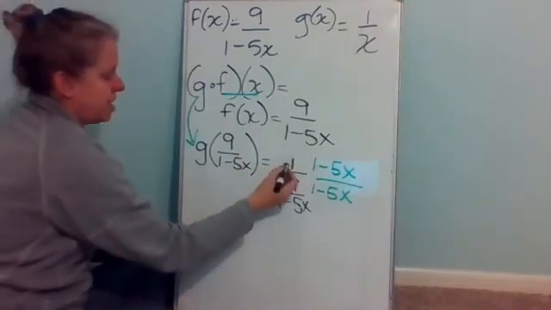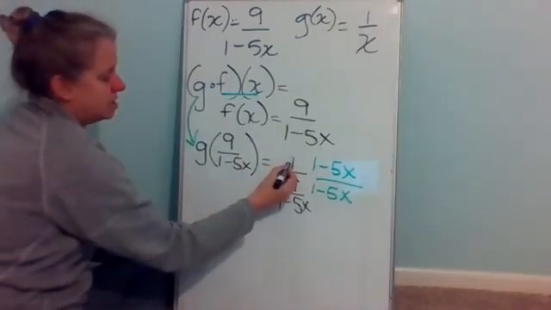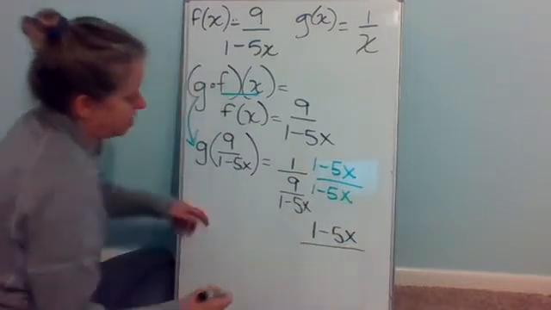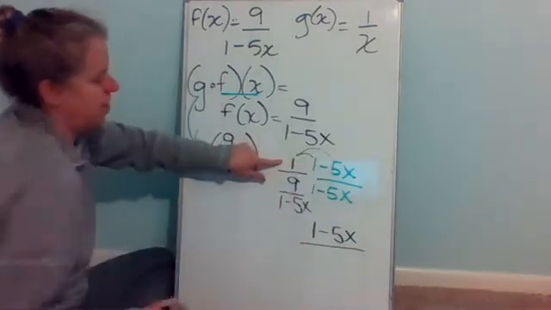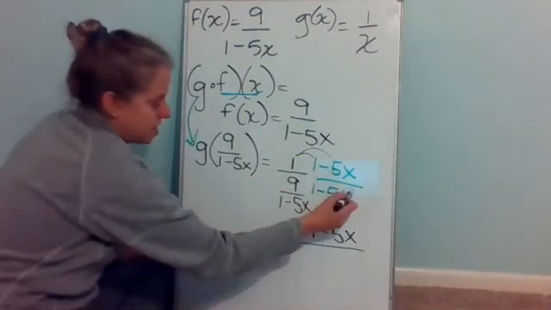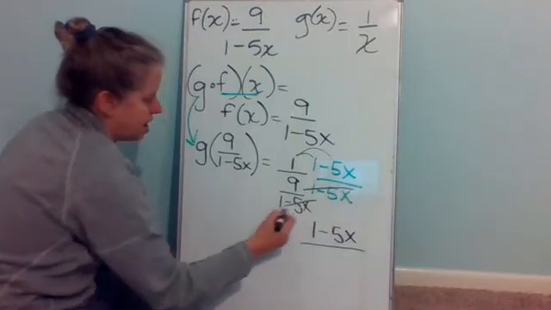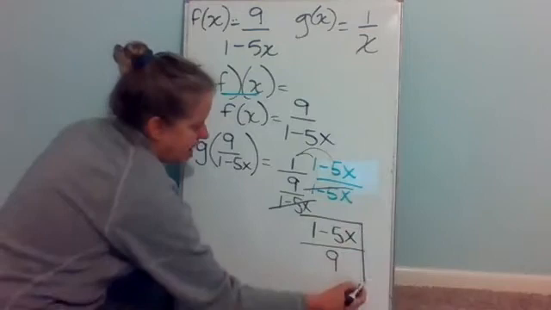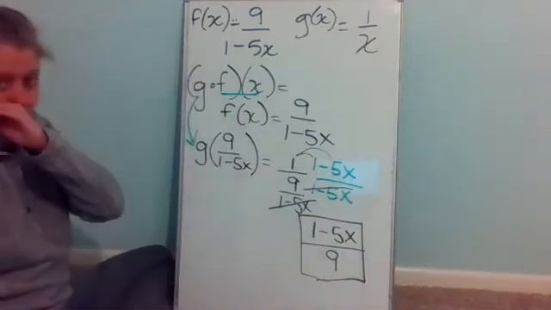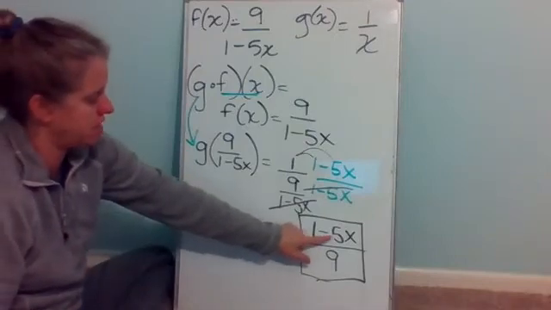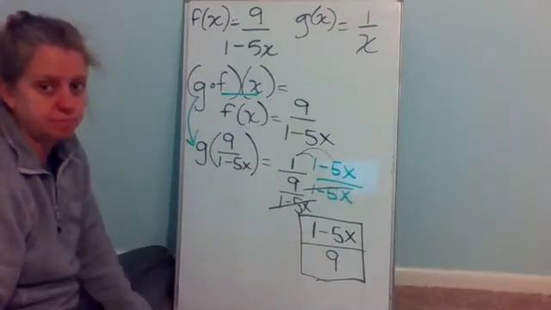So let's see what that does. Here I've got 1 times 1 minus 5x, which just gives me 1 minus 5x, right? If you multiply something times 1, nothing changes. But look what it does to the denominator. This is why we did it. That 1 minus 5x canceled that one. So we're just left with the 9. So there's your answer to g of f of x, 1 minus 5x over 9.